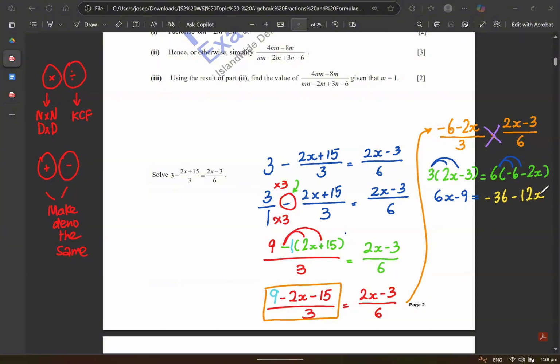Very good. You get what I'm trying to say? Then you bring 12x over, and negative 36 plus 9. Can you understand? 18x equals negative 36 plus 9. Well, we know that it's not enough for us to get to a positive side. True? So x equals negative 27 divided by 18, we get negative 3 over 2. And therefore, this is my answer for this question.